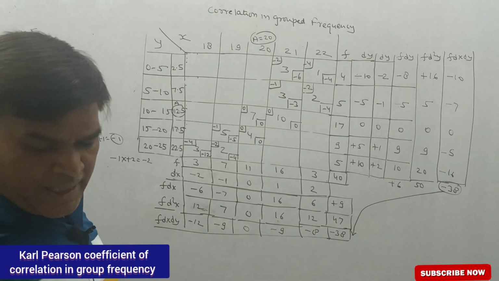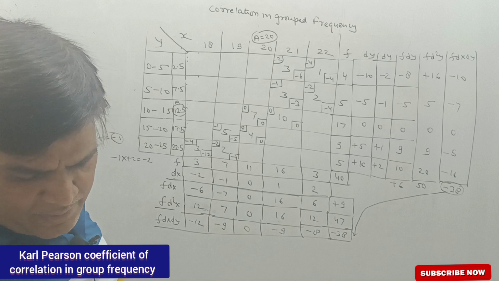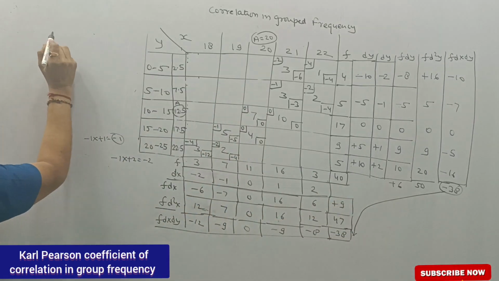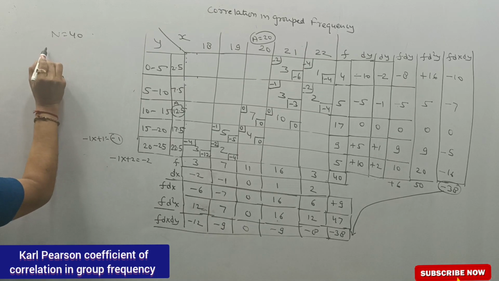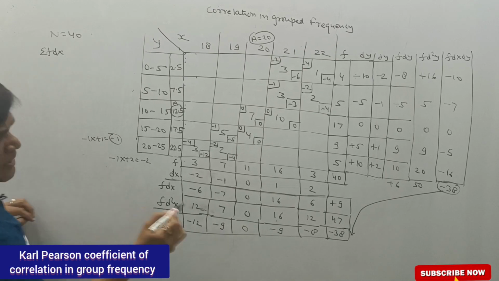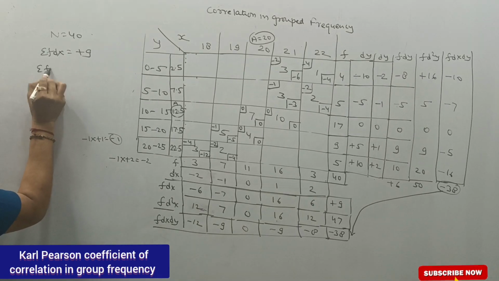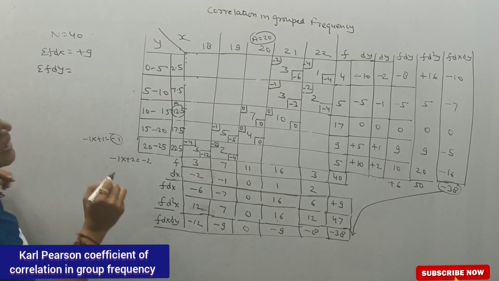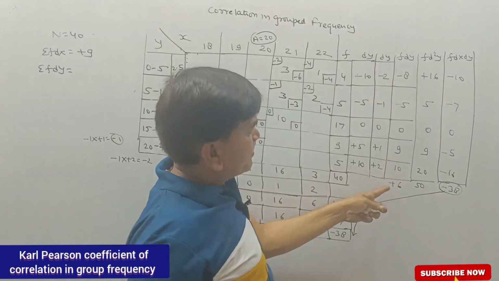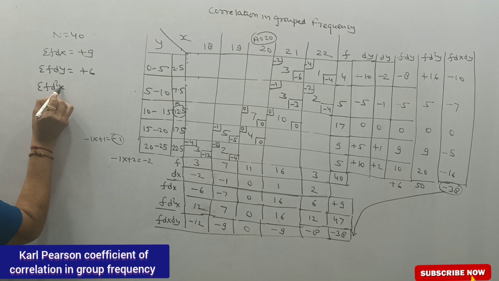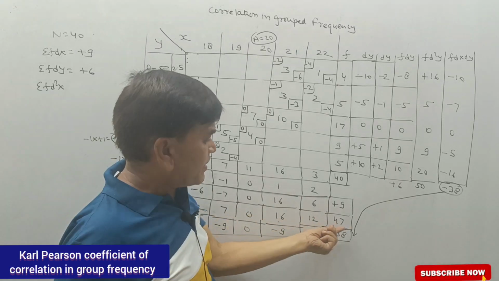So the value of n is sigma x, that is 40. N is equal to 40. Sigma f dx we have calculated is plus 9. Sigma f dy we have calculated, that is plus 6. Sigma f d square x we have calculated, that is 47.